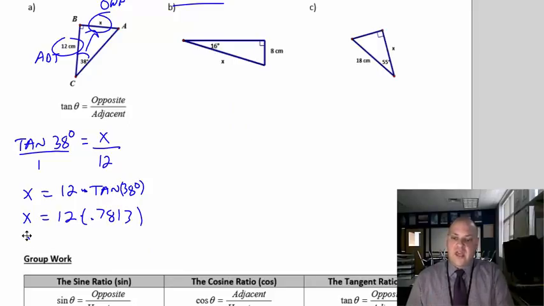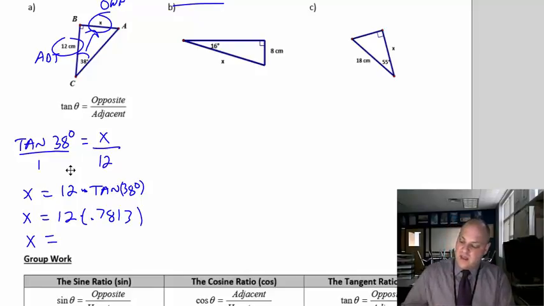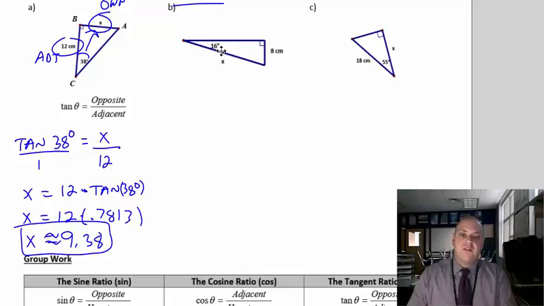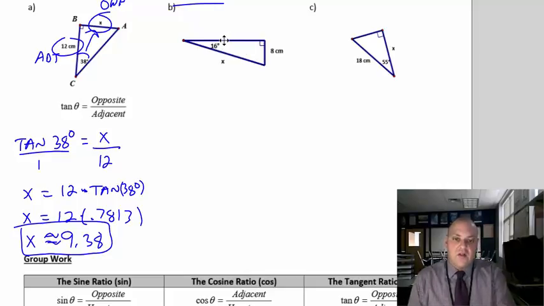And if I do 12 times 0.7813, I did that ahead of time to save time. It's on this page here. And that's going to be 9.38. And that's all just calculator work right there. Okay, approximately 9.38.